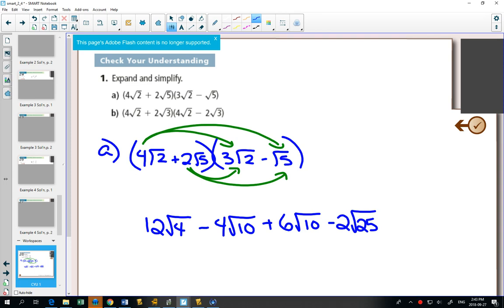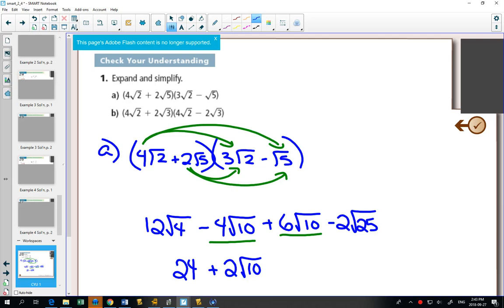What's 12 root 4 really equal to? Well, root 4 is 2, and 2 times 12 is 24. Can you see that these two are like radicals? So 6 root 10s minus 4 root 10s will leave me with 2 root 10s.